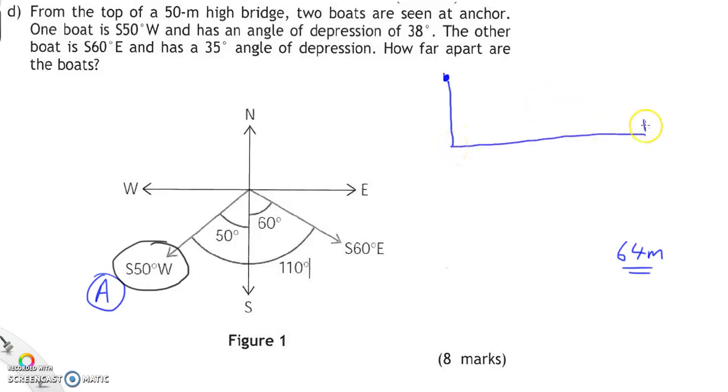There's boat B, and we're told the angle of depression is 35 degrees. So we have to avert our gaze downwards by 35 degrees to see the boat. This means that this angle in here is also 35 degrees, and we still know that the height above the water is 50 meters.